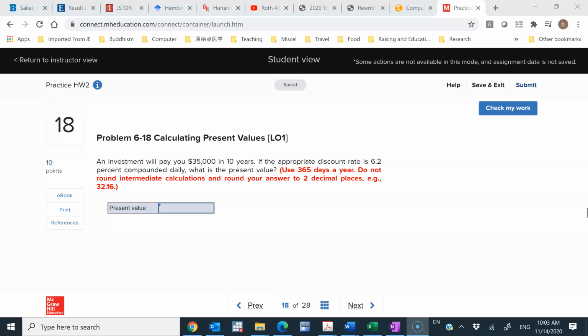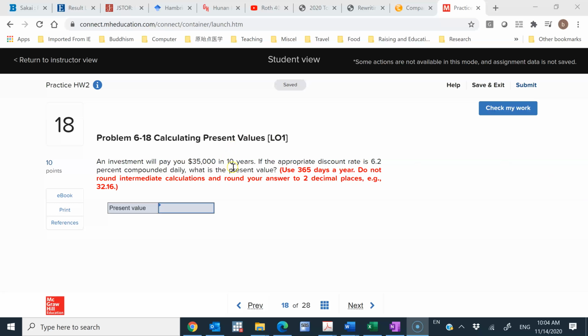And as we said, normally the interest rate, if the problem doesn't mention whether it's the periodic interest rate, is quoted in annual terms, and that's called annual percentage rate.